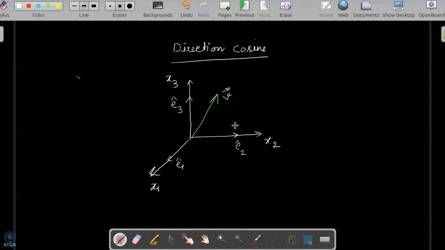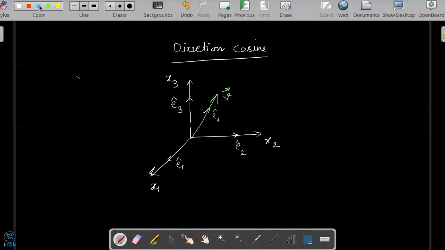Also, there is a unit vector along the vector v, ev cap, defining vector v.